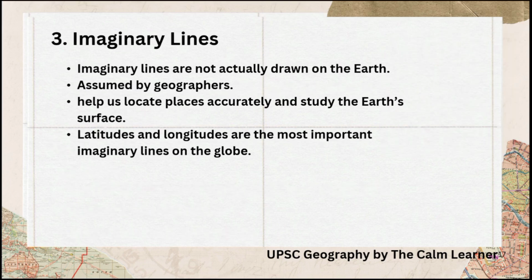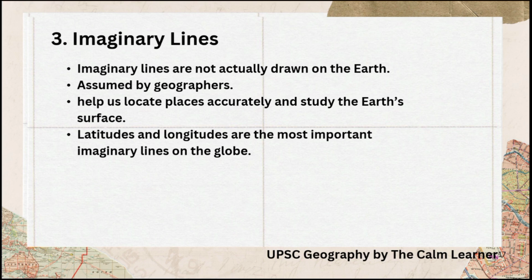Now, you might be thinking, why do we need these imaginary lines? In reality, there are no lines drawn on the Earth's surface, but the Earth is very large, so to locate places easily, to measure distance, and to study climate, geographers imagine certain lines, and these lines are called imaginary lines.